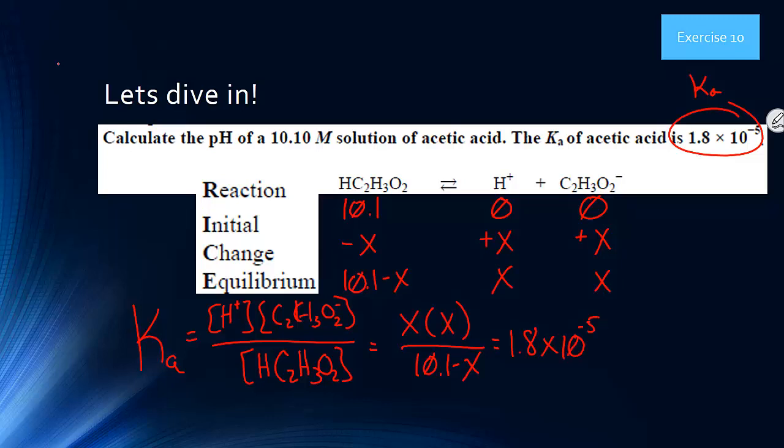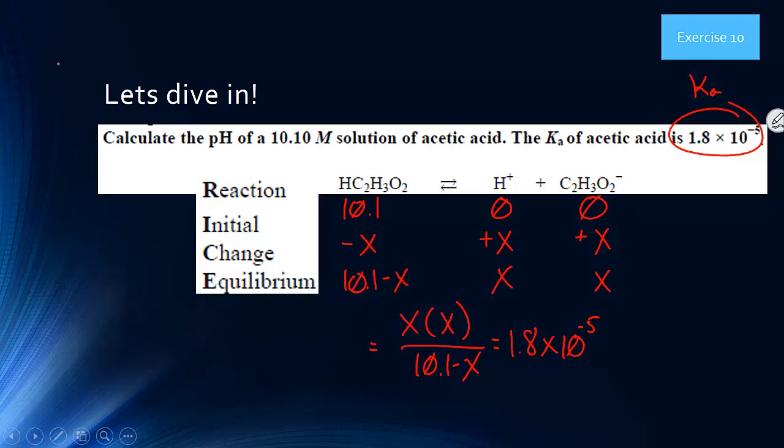And once again, we have landed in that quadratic quagmire that we talked about in the last unit. You have x squared over an expression containing that x. And just like in the last unit, the largest this value of x could possibly be is this Ka.